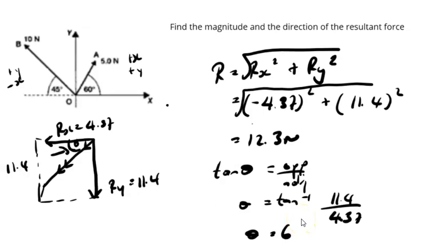Let me grab my calculator and calculate that. It's going to be tan inverse of 11.4 divided by 4.57. Cool, and I end up with an angle of 69 degrees.